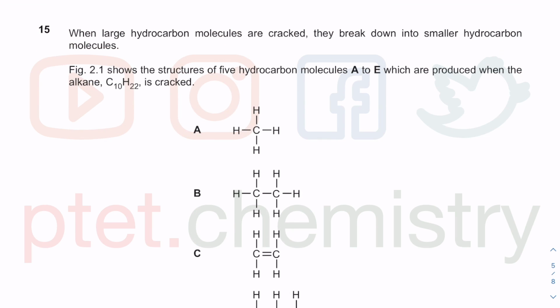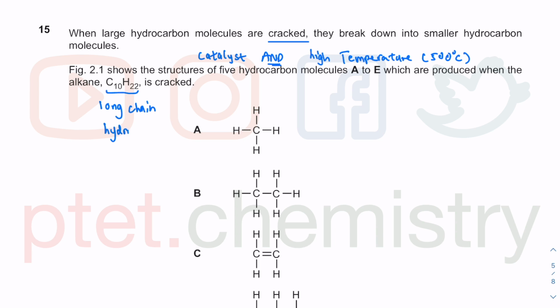Question number 15. When large hydrocarbon molecules are cracked, cracking takes place at high temperature, around 500 degrees Celsius. But you also need a catalyst to speed up the rate of reaction, as in Year 10. The diagram shows the structures of 5 organic molecules produced when you crack this long-chain hydrocarbon, a big molecule containing only hydrogen and carbon atoms.